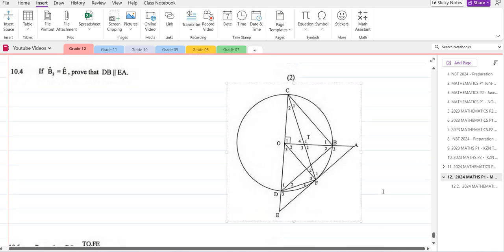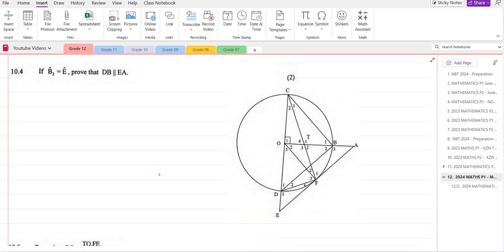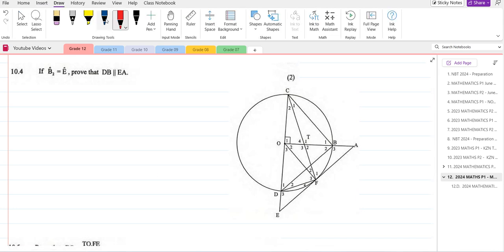Right, so what do we have here? If angle B2 is equal to angle E, prove that... But now remember, we just proved that angle E is also equal to angle O2, right? That was the third angle of a triangle.